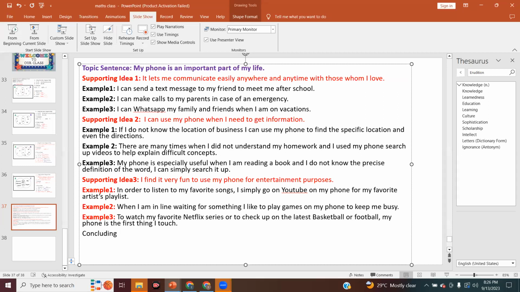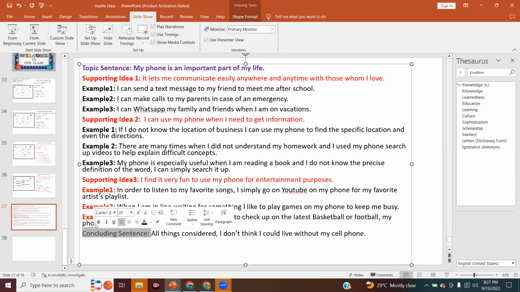The concluding sentence would be, what I say, all things considered, I don't think I could live without my cell phone. Bam, that's a concluding sentence. And you're done with your paragraph.